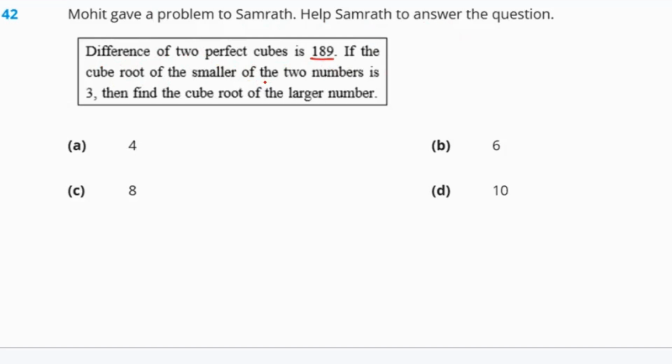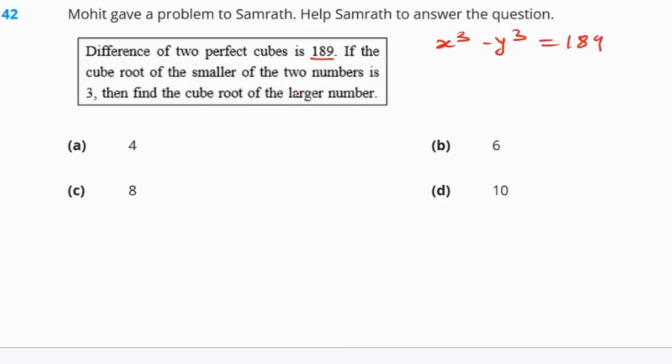Okay, so if we are going to solve it further, according to the question, what are we getting? The difference of two perfect cubes, which means x cube minus y cube, is given to us, which is 189. And they're saying that the cube root of the smaller of the two numbers is 3. So cube root of any number is 3, so that number will be what?